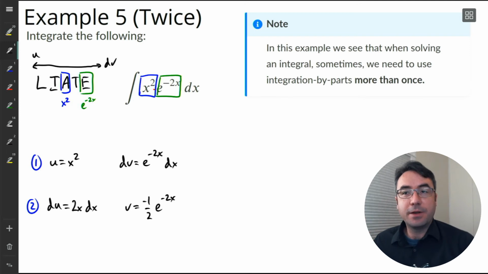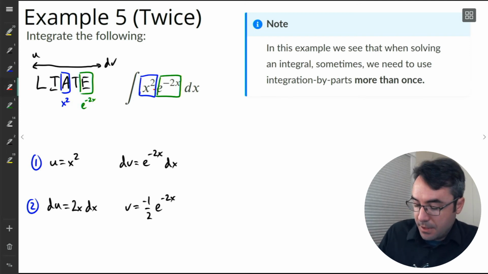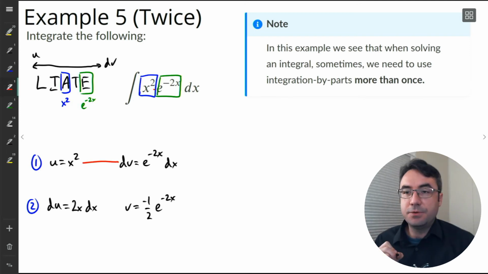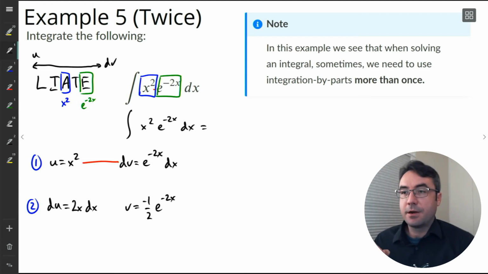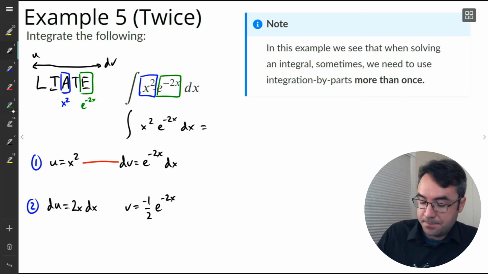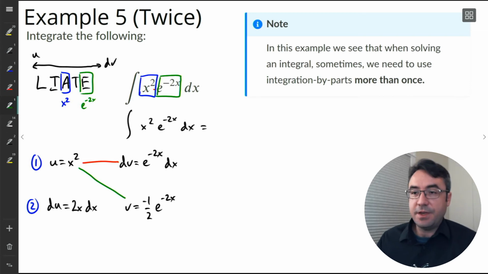So now we do our integration by parts formula, which says u times dv, that's the original integral that we're trying to do. That's our original integral. And integration by parts says, well, that's going to be equal to u times v.